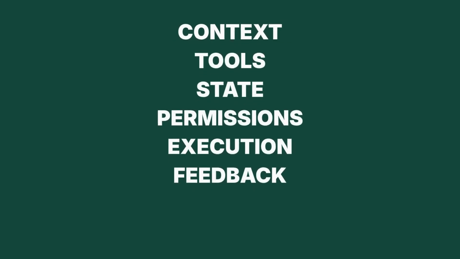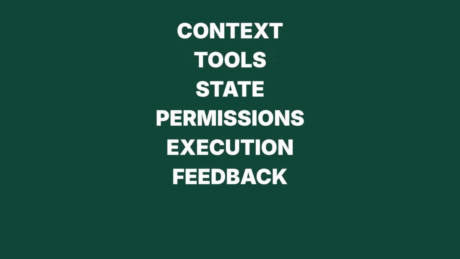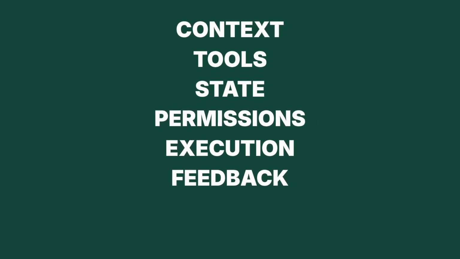First, instructions and context. What the agent is trying to achieve, and what information it can see. Second, tools. Functions for reading files, searching documents, querying databases, calling APIs, or operating software. Third, state and memory. What has already happened, which decisions were made, and what remains unfinished. Fourth, permissions and guardrails.